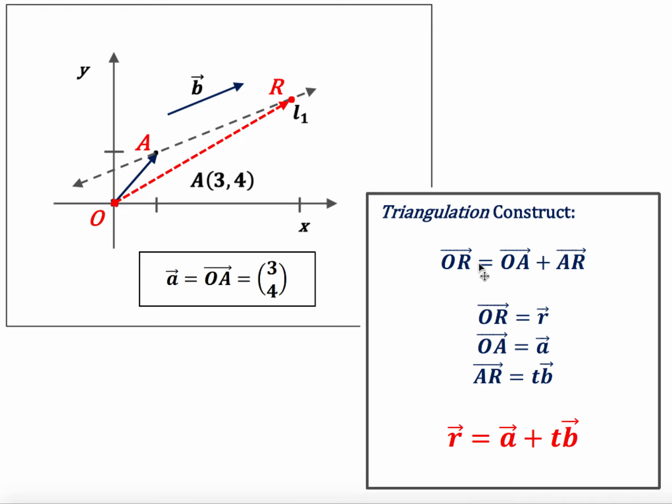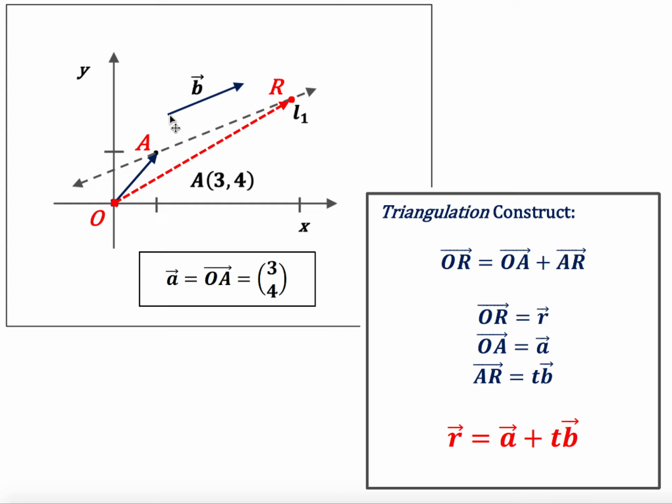Well, OR we can just designate like this, so these are equivalent. OA, we just saw over here, we're designating like that as a. And then the new thing becomes, what is this AR piece? How do you move from A to R? Well, to move from A to R, we have the advantage of being able to use this b here, because it is exactly parallel to this movement.